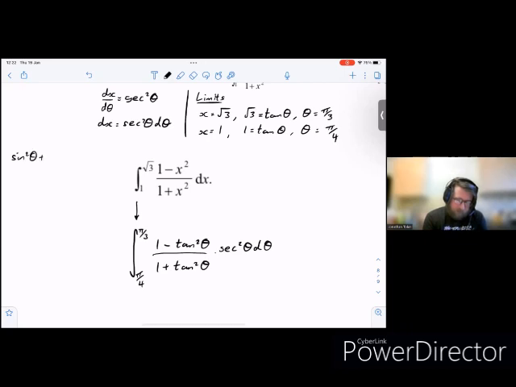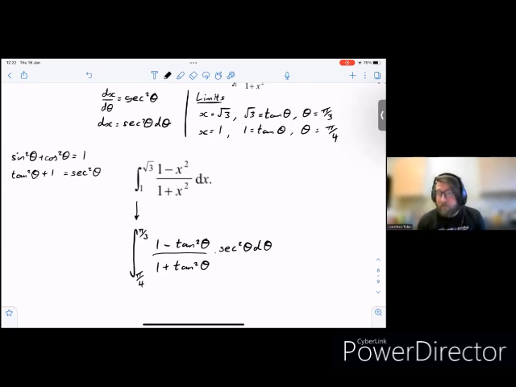Sine squared theta plus cos squared theta equals 1. And if we divide all of that by cos squared, we get tan squared theta plus 1 equals sec squared theta.